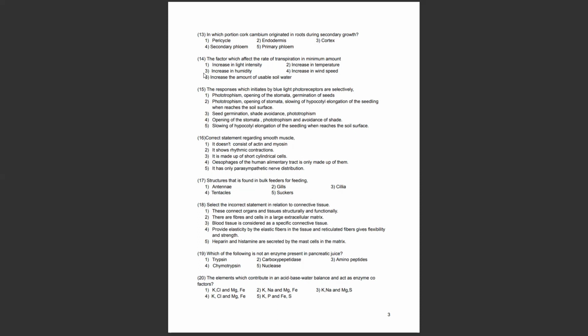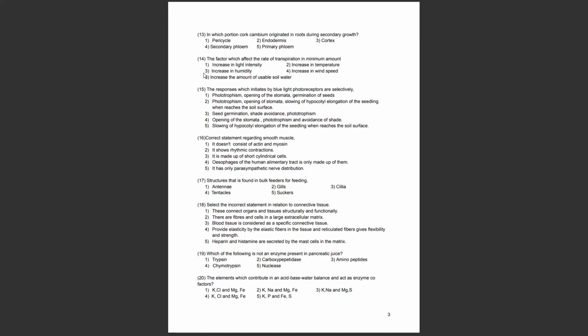Question number 14. The factors which affect the rate of transpiration in minimum account. Now, if we take transpiration, it is affected by several factors: light intensity, temperature, humidity, then amount of soil water, wind speed, like that. Now, increasing light intensity. When the light intensity increases, what happens? The rate of transpiration also increases.